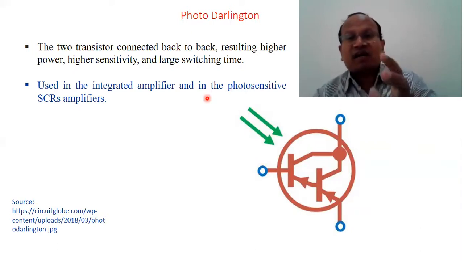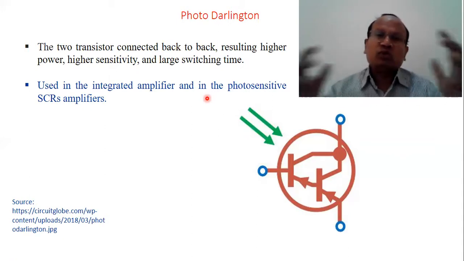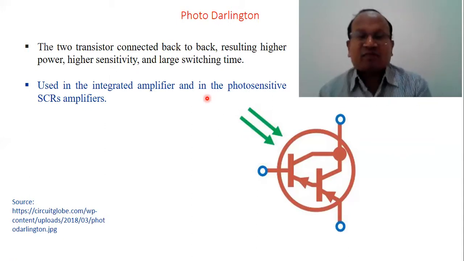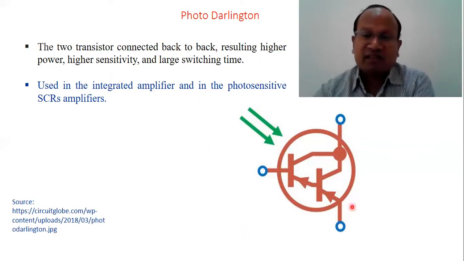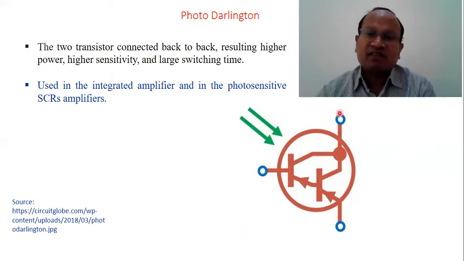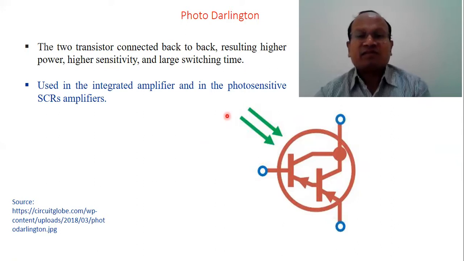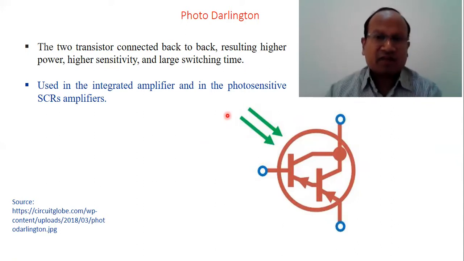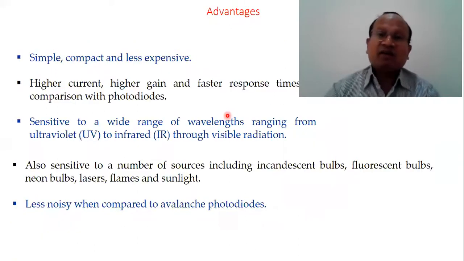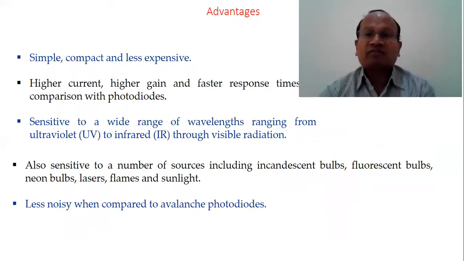Here it's similar, where two transistors are connected back to back, and the base is on this side. The base is common; this is the collector region, and this side is the emitter region. Ultimately, the benefit is that the current gain is very high, and the sensitivity also becomes very high.